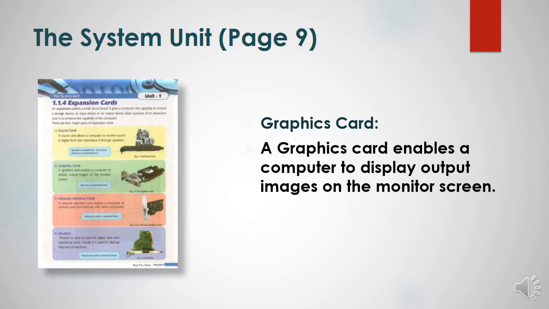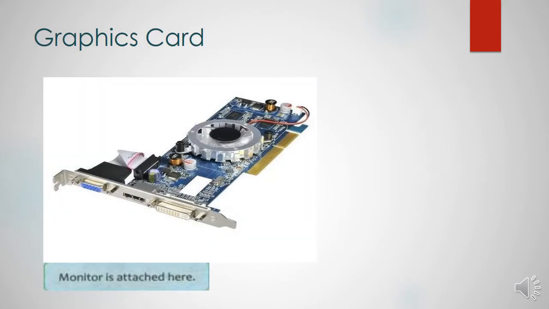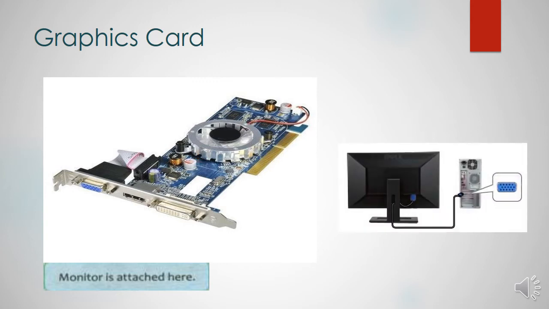Same like external sound card, external graphics card is not compulsory for our computer, but if we want high quality graphics, then we will use external graphics card as an expansion card. This is the image of graphics card. Monitor is attached here in this port of the graphics card, as you can see in this diagram.